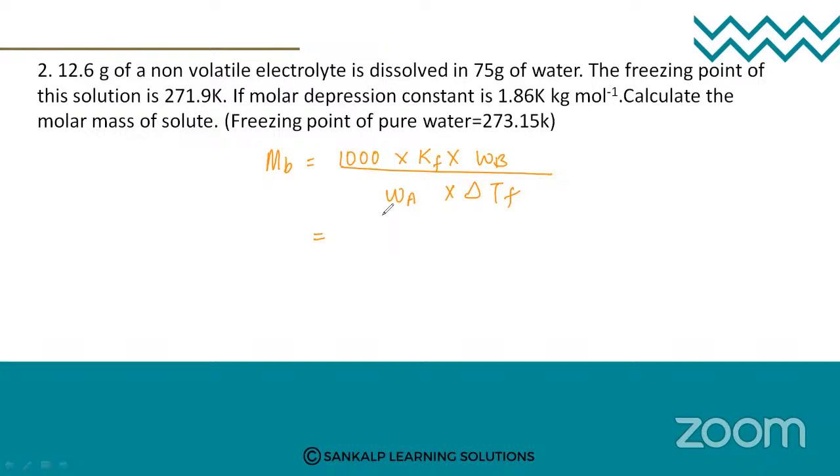The depression in freezing point, that is your KF. KF value is given as what? So use this formula.